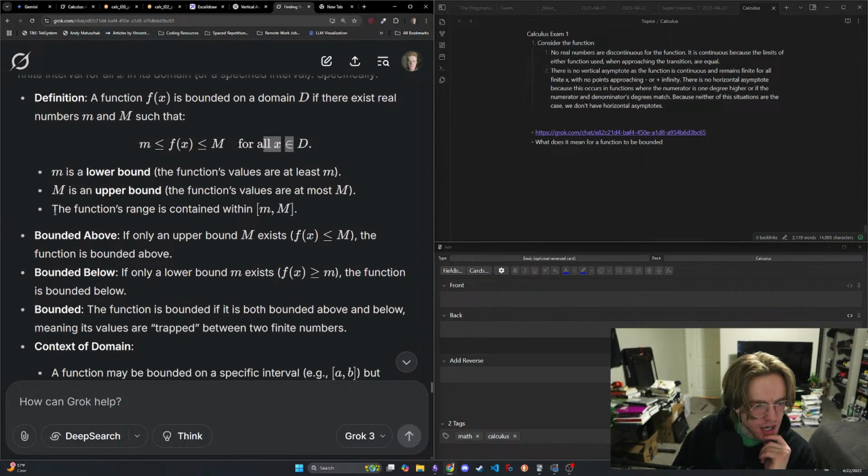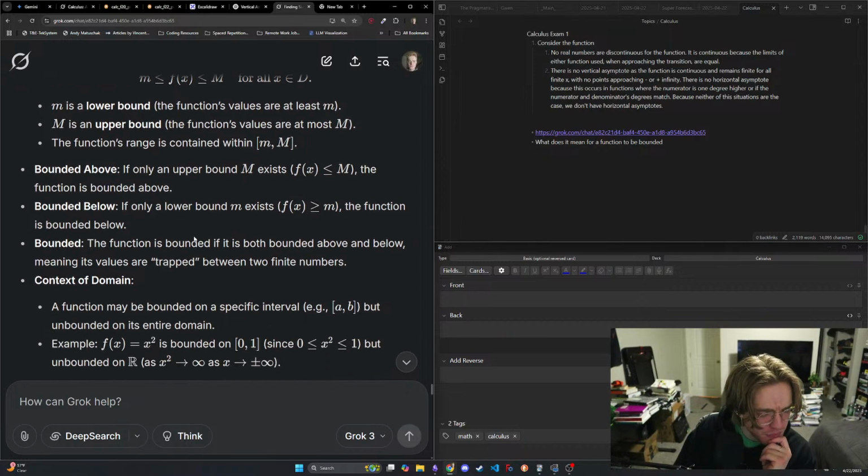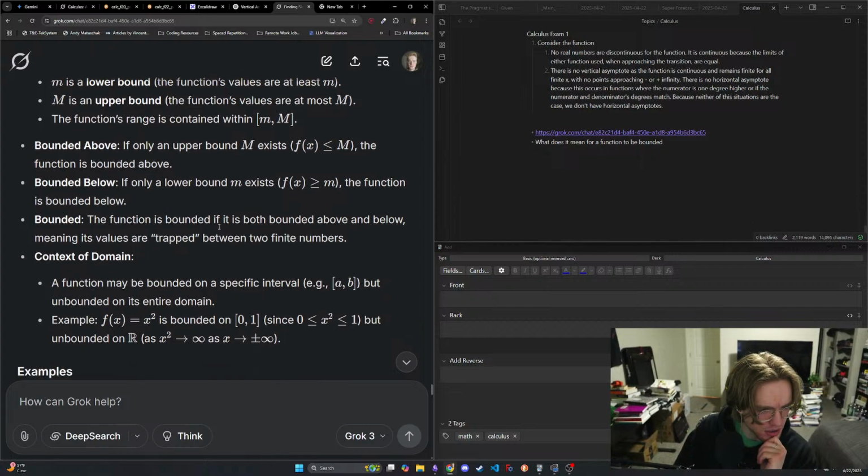And the function's range is contained within the closed interval of little m to big M. It also could be just bounded above or bounded below.